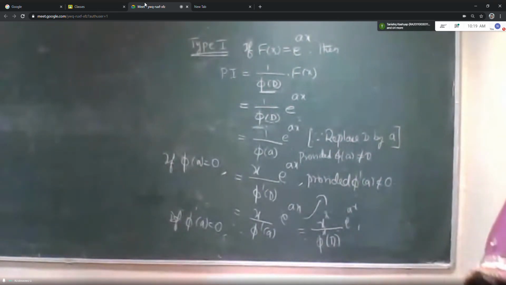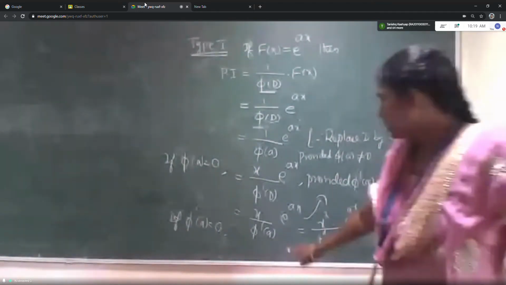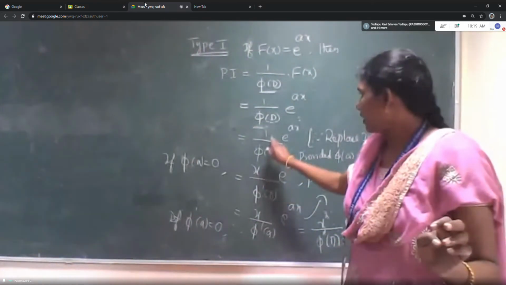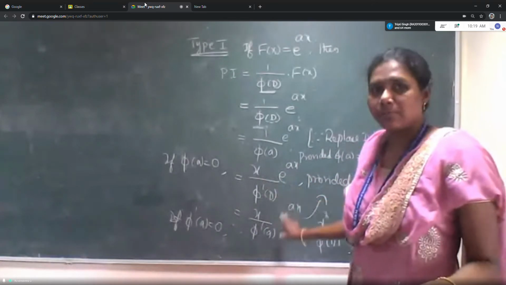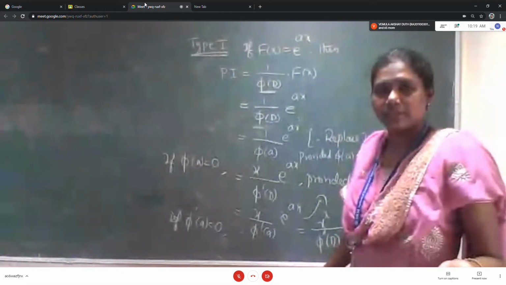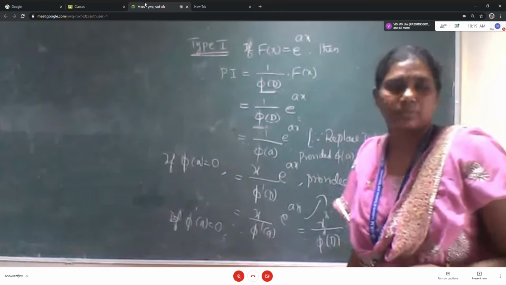Ma'am, we are differentiating the denominator and e to power ax? No, no, no. Only the denominator value with respect to D. Phi of D is there, so phi dash of D. And then again you replace D by a. We'll get some values. In case again we get 0, once again we have to differentiate.